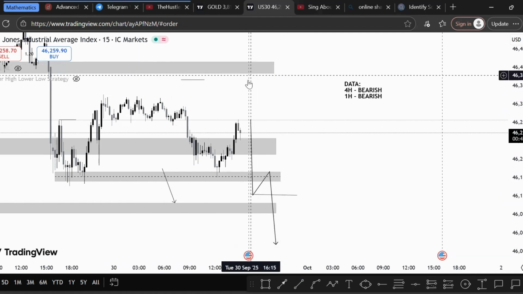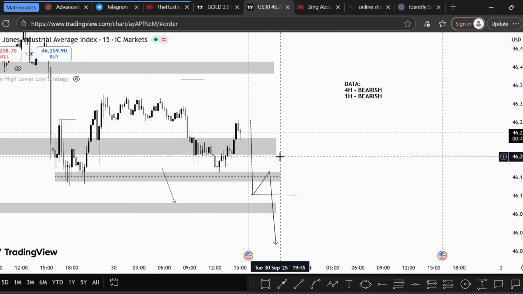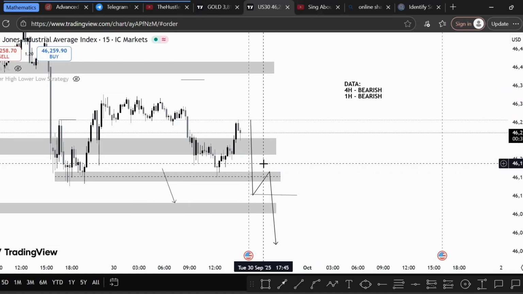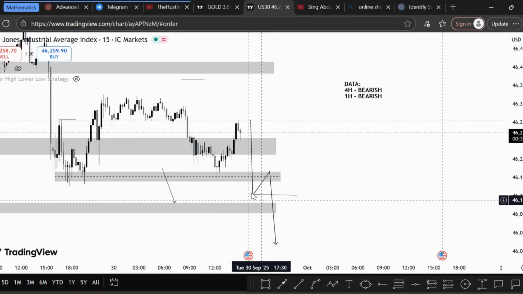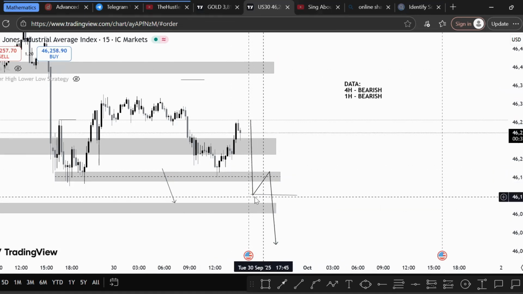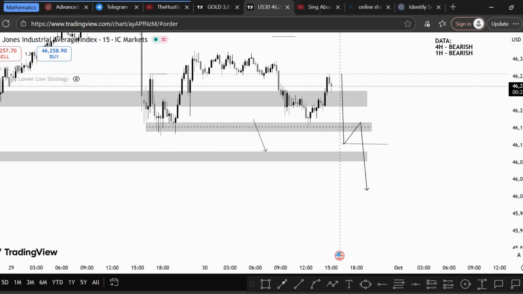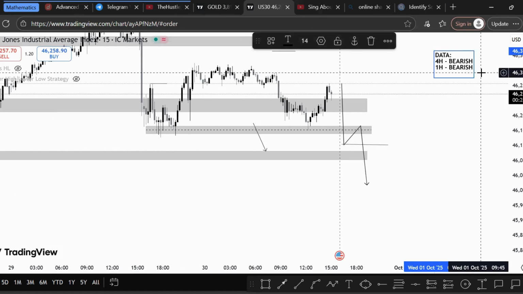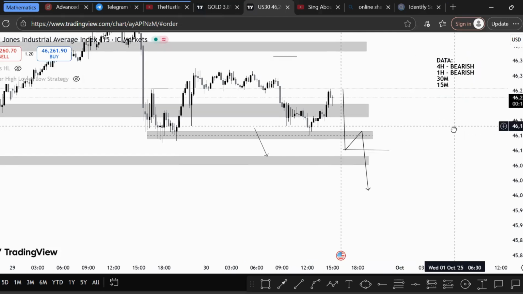Probably if it went up, where it created a higher high, and then you waited for it to correct back, giving you a lower high actually, or a higher low, and then you can enter where the previous higher high or the previous lower low was created. Then you know that okay, my time frames now are in correlation. My 4 hour is bearish, my 30 minute is bearish also, and then my 15 minute is also bearish. So now it makes much sense for you to start taking sells around those areas.